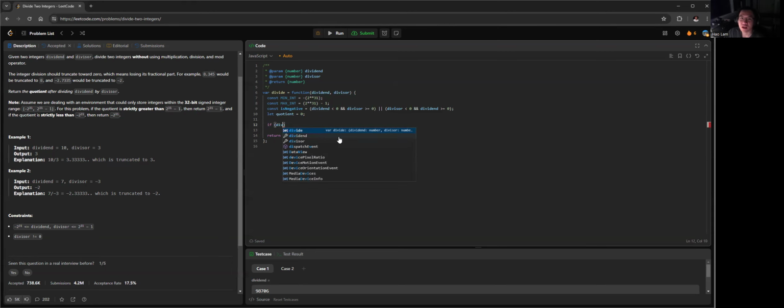Because we already stored the flag to keep track of the sign of the result, we can turn everything into positive now. If the dividend is less than zero, we set the dividend equal to minus the dividend. Same thing for the divisor.